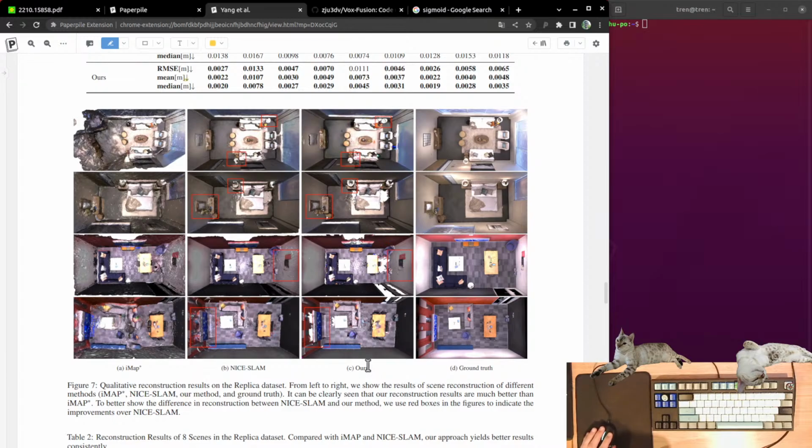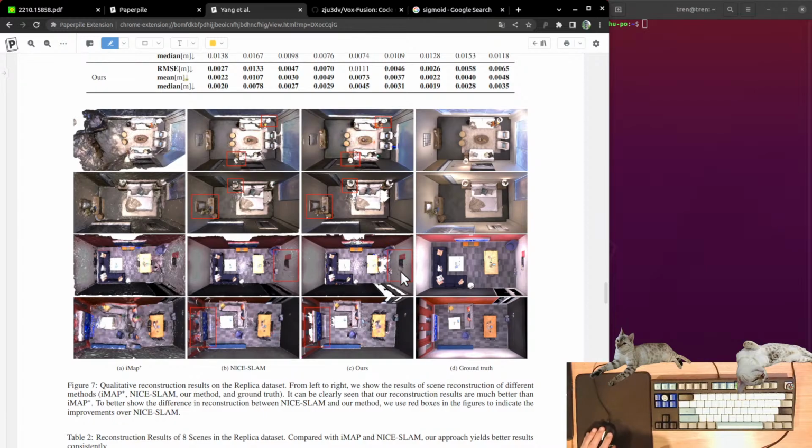So, for example, in this box, they show the wall quality. In the Replica dataset, the wall is perfect. It's all a perfectly filled-in square. In IMAP, it's really patchy, kind of crappy. In NICE-SLAM, you still have a little bit of those artifacts, little patchy holes.